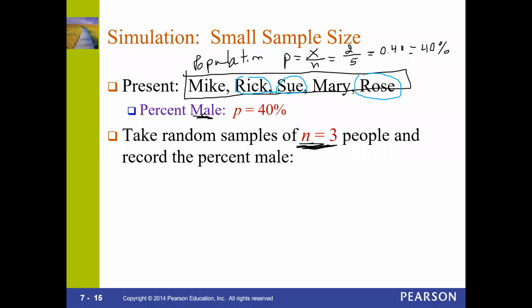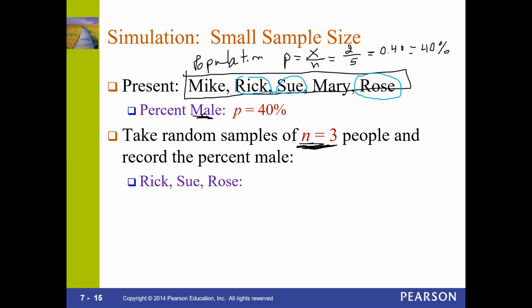That's my first selection. So if I pick Rick, Sue, and Rose, I have 1 male here, right? This is my sample. So I can decide to choose Rick, Sue, and Rose. Somebody else can choose somebody else, and so on, right? But notice that from the sample, I can generate something called a p hat.